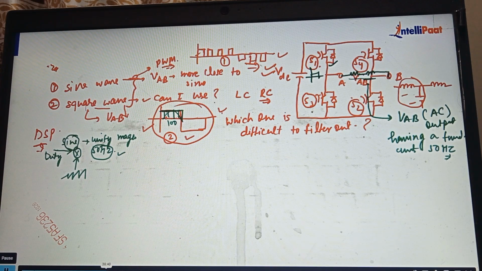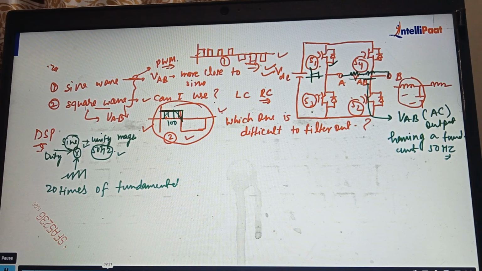Now, the important question: the frequency of the triangular wave is higher than the modulating wave, right? So how much higher should it be? The carrier wave frequency must be a minimum of 20 times the fundamental frequency.